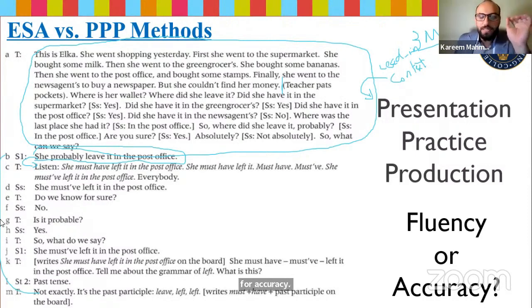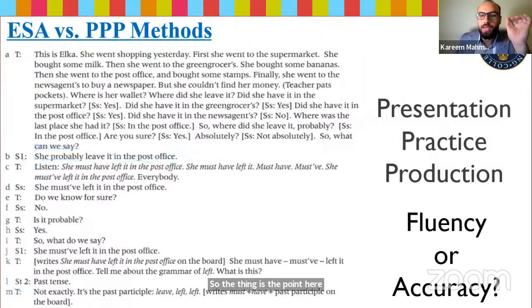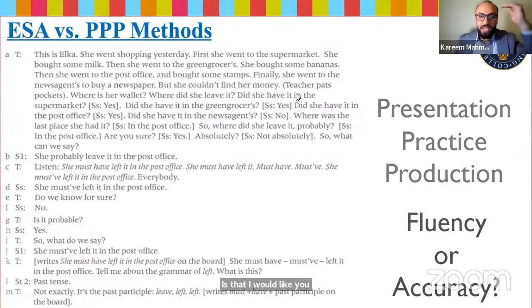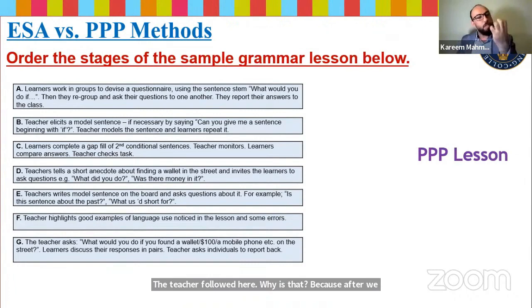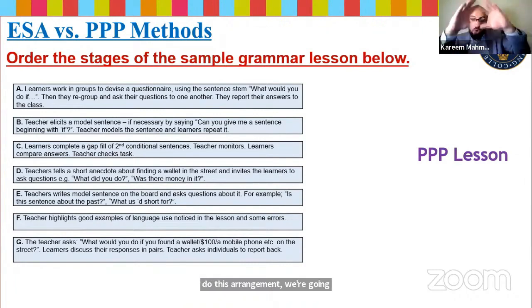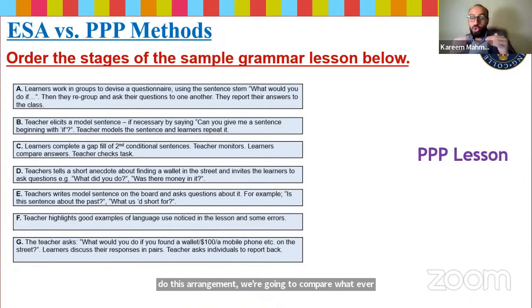So the point here is that I would like you to resort the stages the teacher followed here. Why is that? Because after we do this arrangement, we're going to compare whatever you concluded from the stages of the lesson to a new method, which we call ESA.